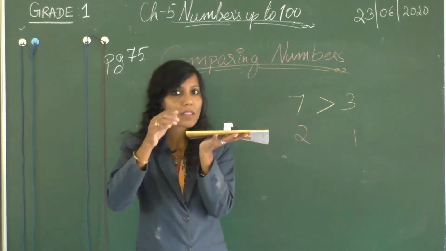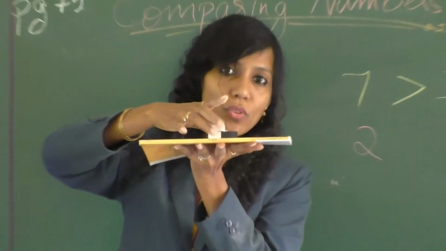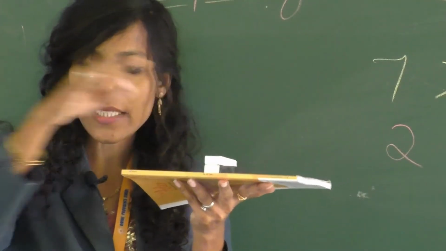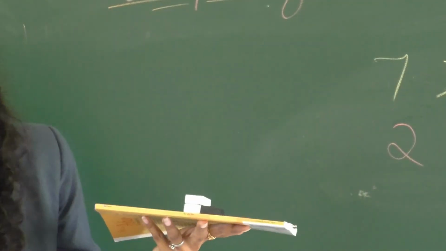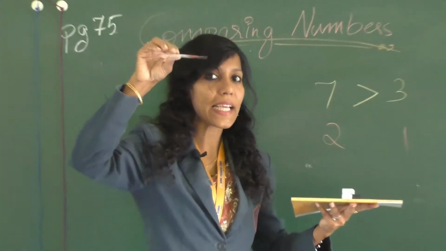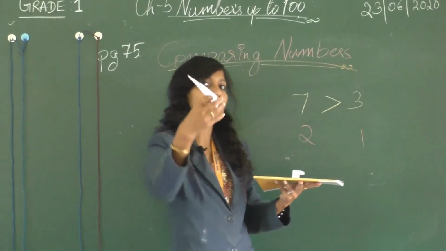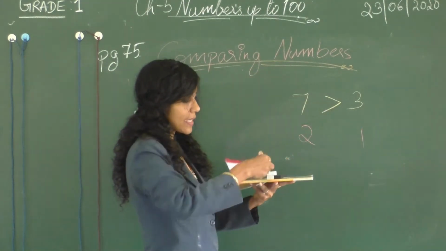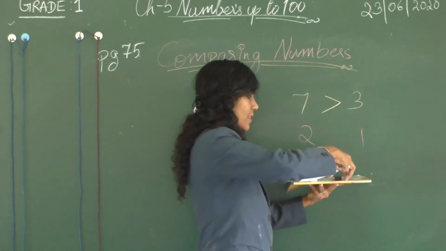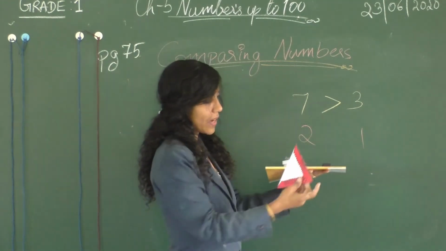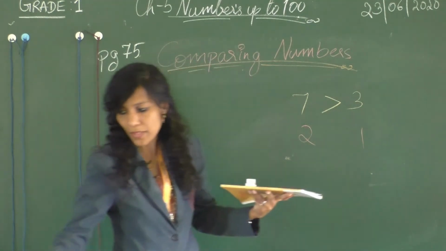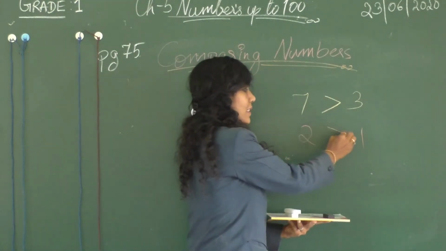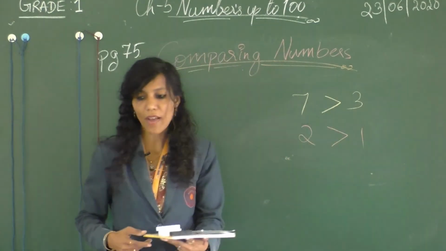The height of 2 is more than the height of 1. So naturally 2 is greater than 1. So again we have the symbol of the alligator's open mouth towards the first digit. 2 is greater than 1. So we put the greater than symbol.